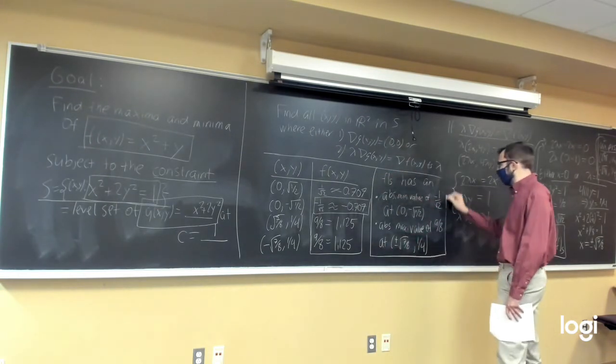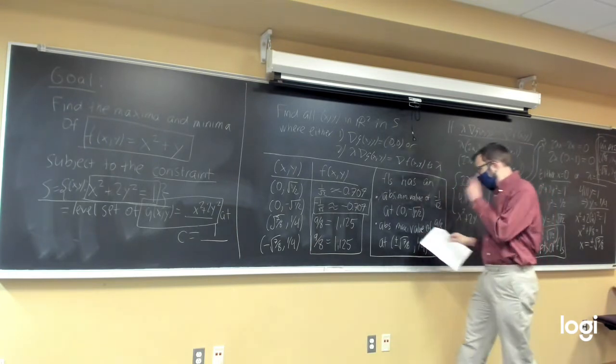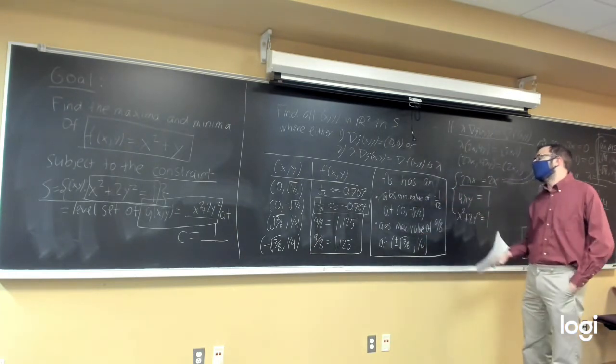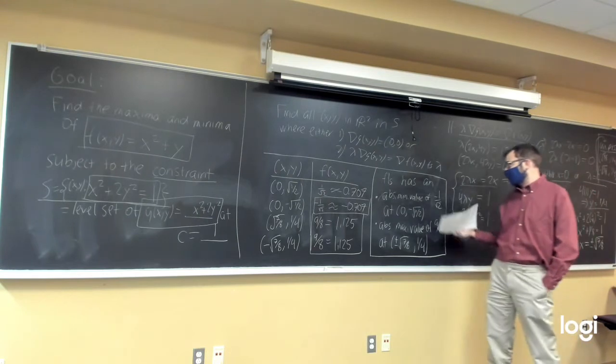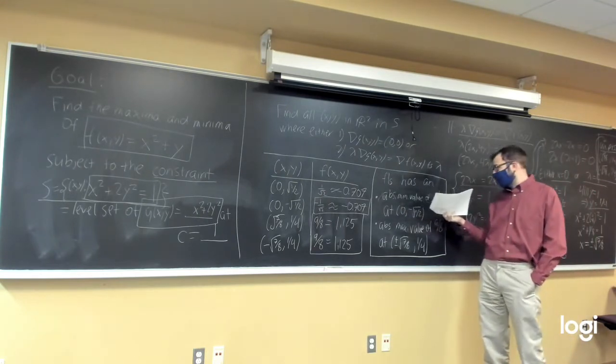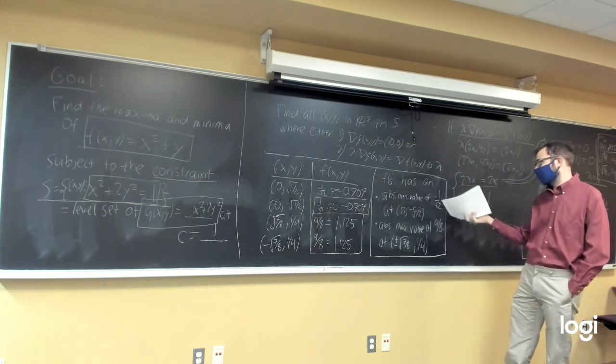And this is going to be our final answer. That at 0, comma, negative square root of a half, we're going to get an absolute minimum value of -1 over square root of 2.